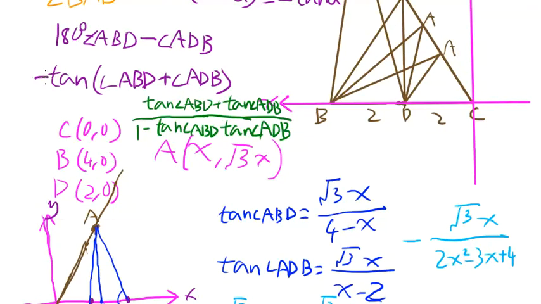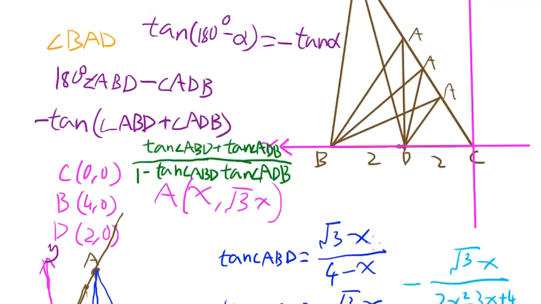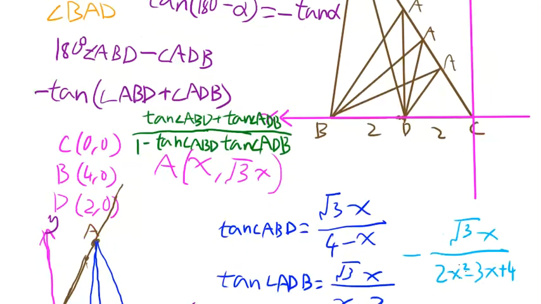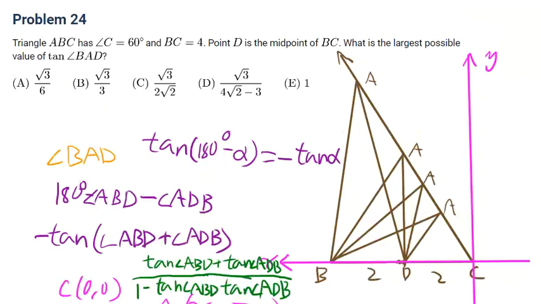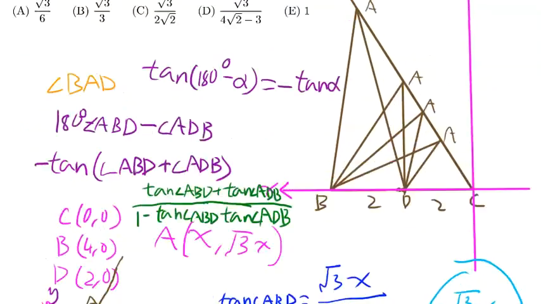So now we want the negative of that. And if you forgot, we want the negative of this. So we remove the negative sign here and here. So now we get this thing. This is the value of tan BAD.